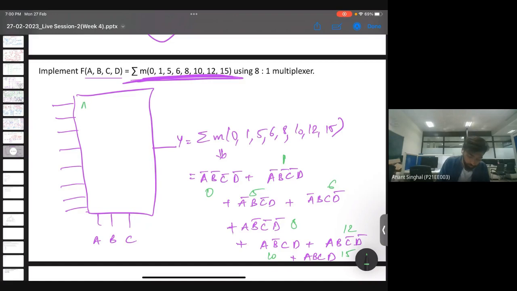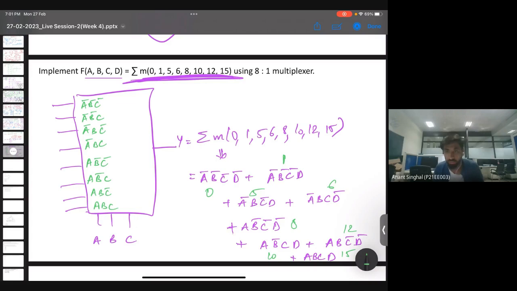So if I try to write all the terms here, which is 0, 0, 1, 0, 1, 0, then 0, 1, 1, then 1, 0, 0, then 1, 0, 1, then 1, 1, 0, and then nothing but 1, 1, 1.